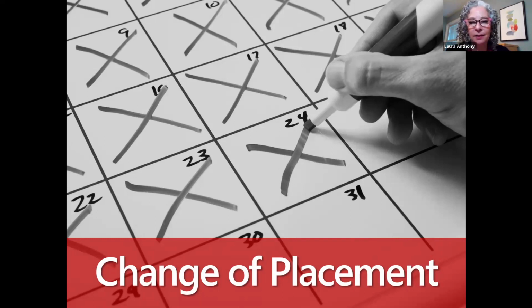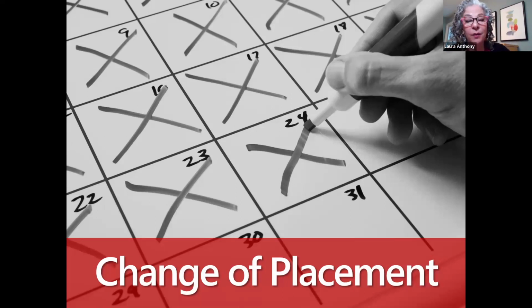Is that behavior that's substantially similar? Probably not. But if it's 4 days of insubordination, 4 days you're cussing out the teacher, and 4 days that there's a fight, maybe that all seems like substantially similar, or maybe it's fight, fight, fight. Okay. Then once we've turned it up to 11 and it's a pattern, now we're in a change of placement.